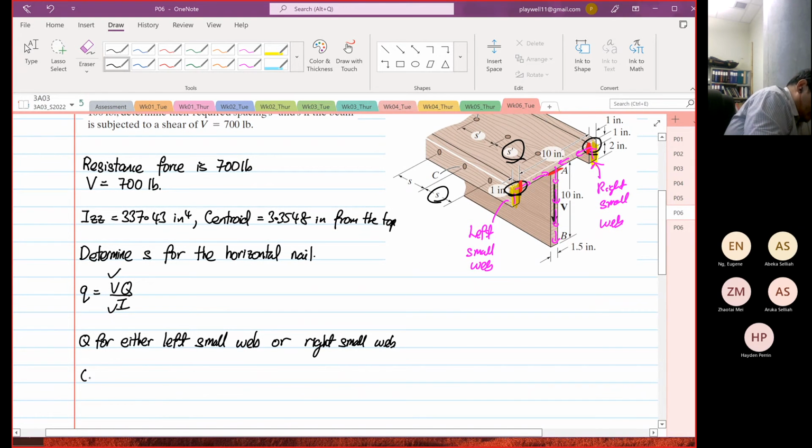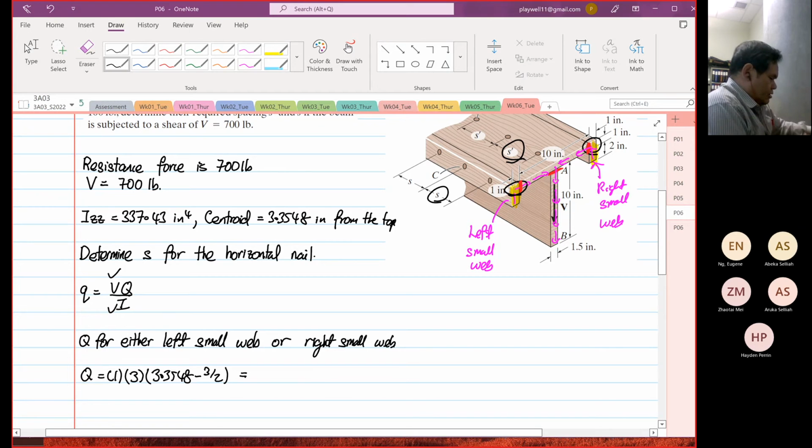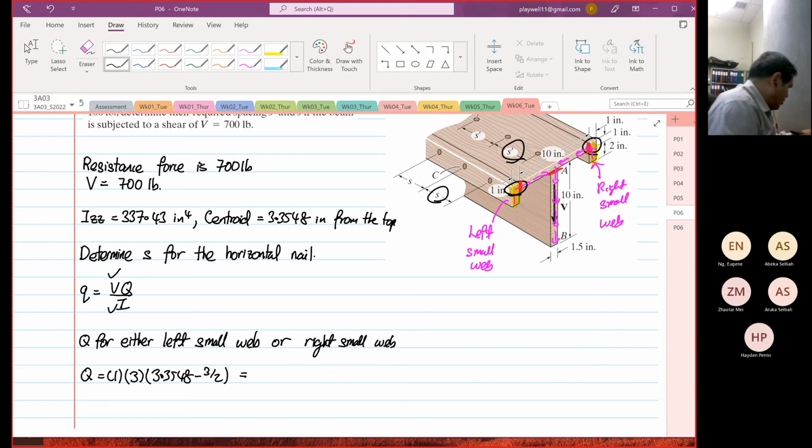So the width is equal to 1 inch, the depth is 3 inches, the Y bar is 3.3548 minus 3 divided by 2. So 3.3548 minus 3 divided by 2, times 3, times 1, is equal to 5.564.